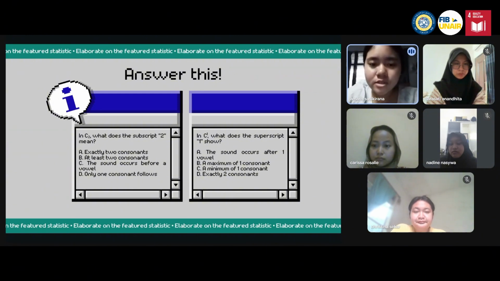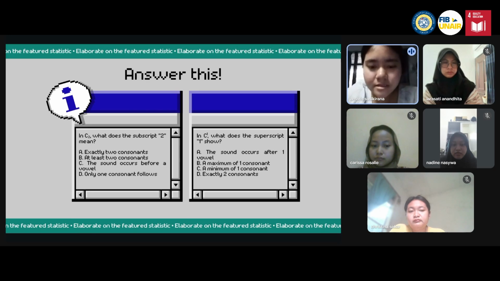And then the next question, in C1, what does the superscript 1 show? A, the sound occurs after one vowel, B, a maximum of one consonant, C, a minimum of one consonant, and D, exactly two consonants. So the answer is B, a maximum of one consonant.